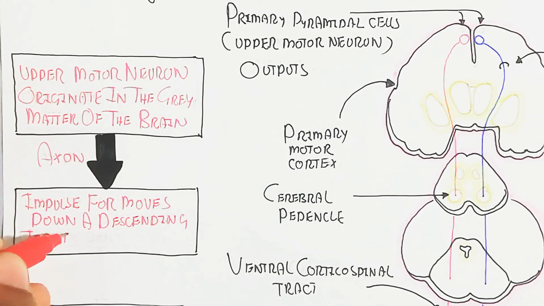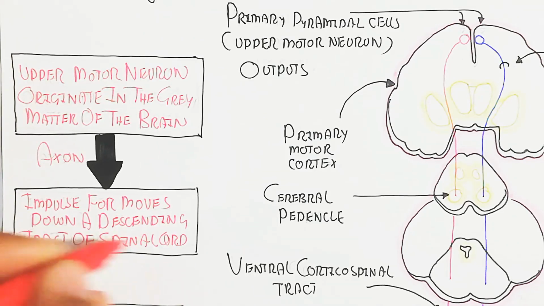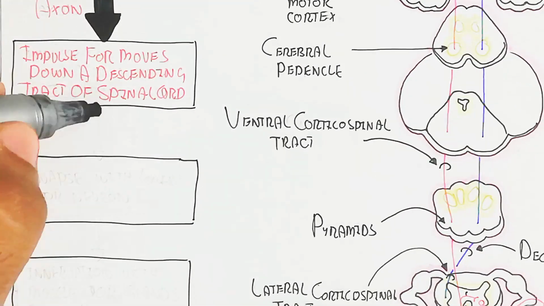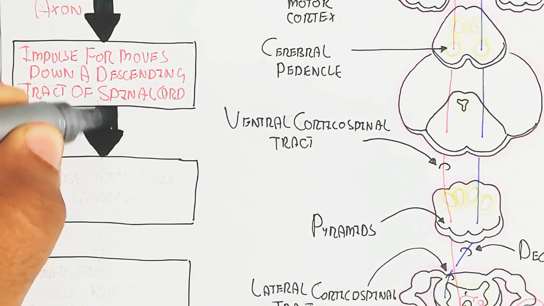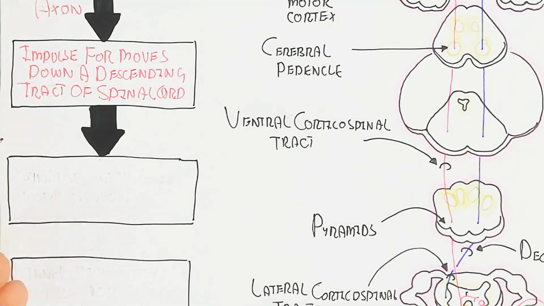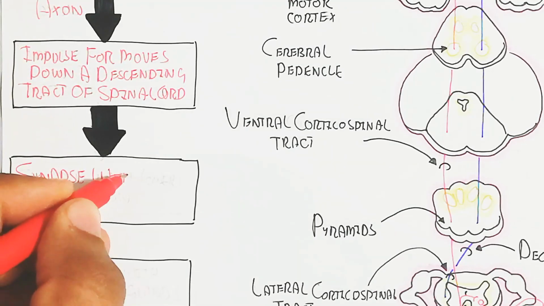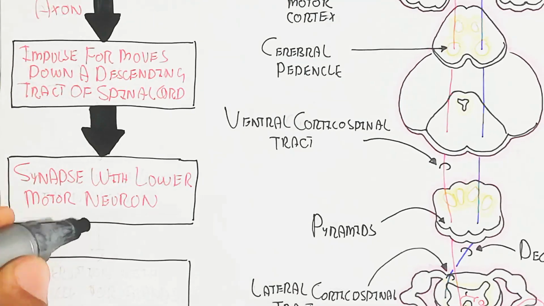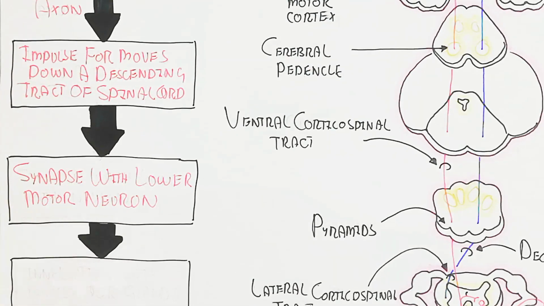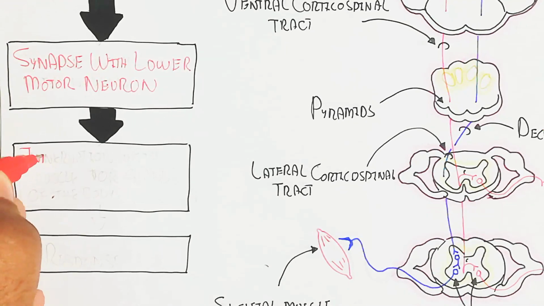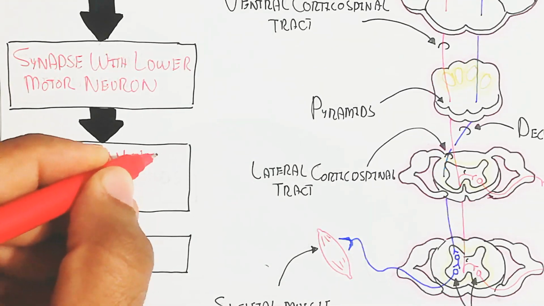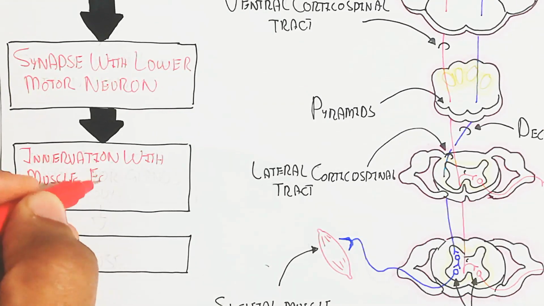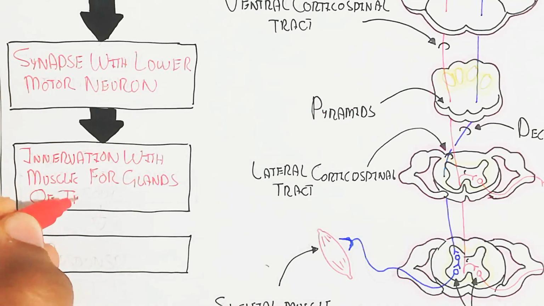The descending tract of the spinal cord will synapse with the lower motor neuron. After the lower motor neuron, it will innervate muscles or glands of the body to give the response. In this video we are understanding only the muscle, so remember we are just understanding the muscle and its response.